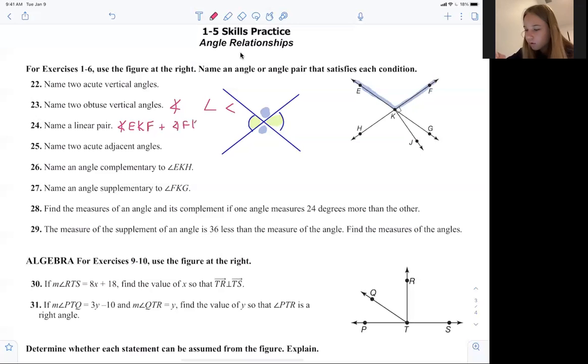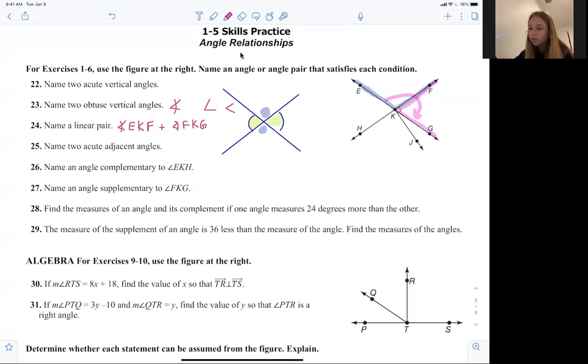Angle FKG. Now I'm just going to draw it so you can see it. Those are called linear pairs because together, right next to each other, that forms a line. Or what you do is you say the two angles add up to how many degrees? 180.